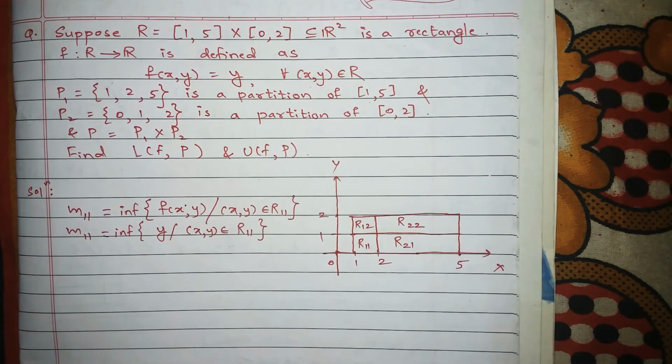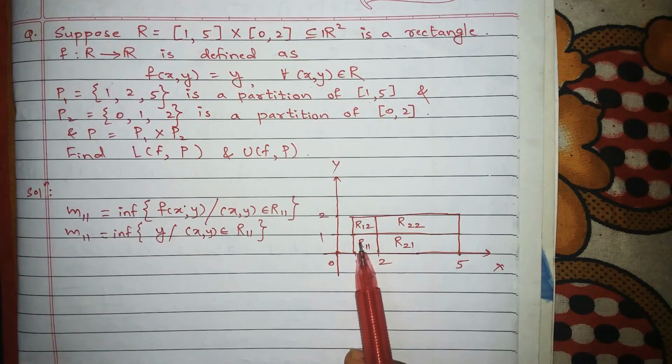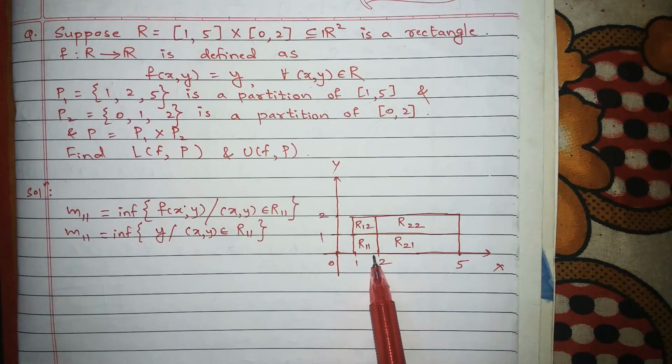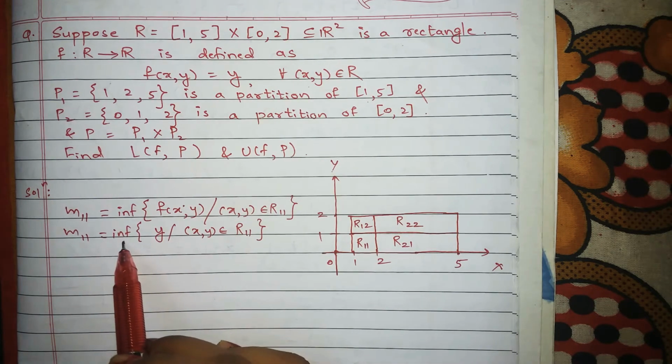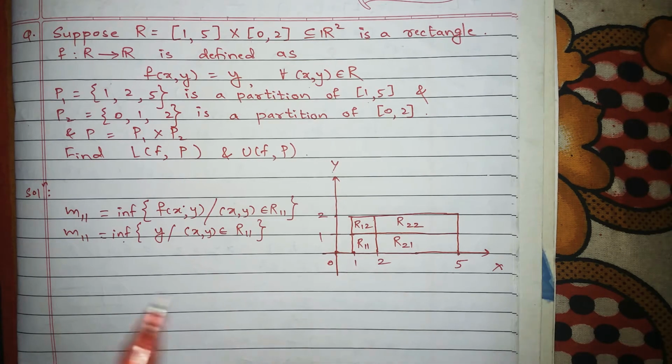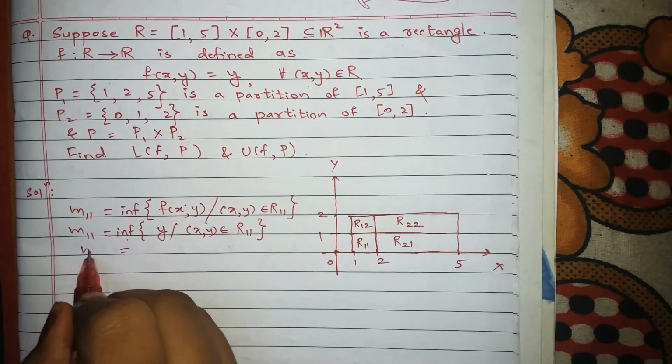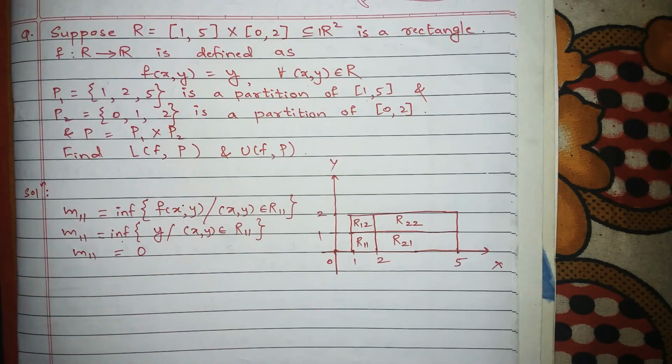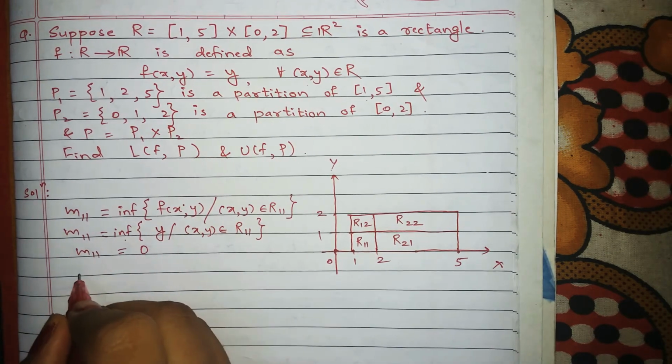So you can observe in this subrectangle R11 you have to take y, the value which is infimum. So 0 is the value which is the least possible value. So M11 is 0.